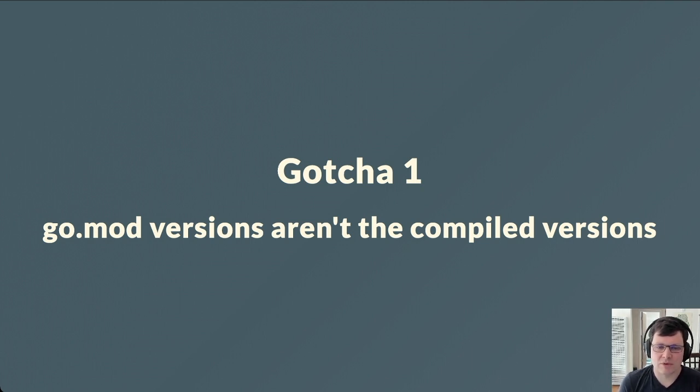So if your library is imported into an application that has other dependencies, those other dependencies might require a newer version of your dependency. So what actually gets compiled may not be the version that you see listed in the go.mod file.